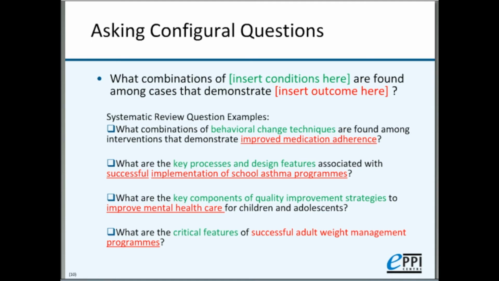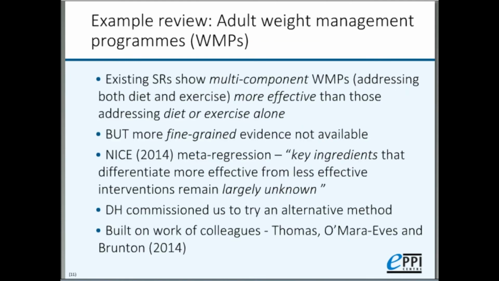What are the key processes and design features associated with successful implementation of school asthma programs? And this is an interesting example because here successful interventions are defined through implementation, not through effectiveness. A third question here is what are the key components of quality improvement strategies to improve mental health care for children and adolescents? And the final question is what are the critical features of successful adult weight management programs? And this is a question that Katy is going to be exploring in the second half of this presentation.